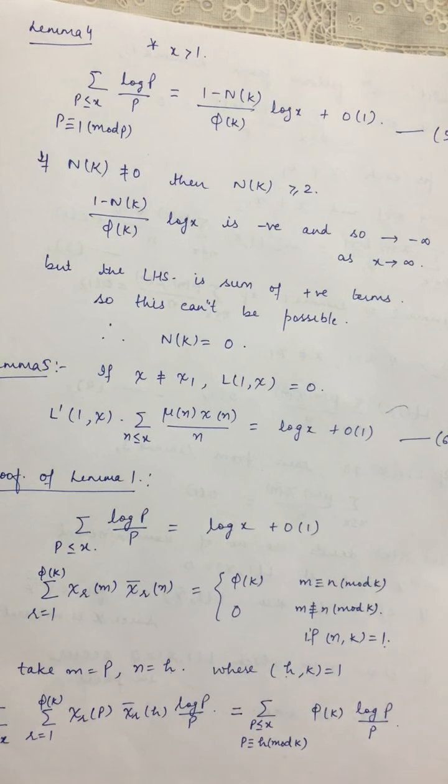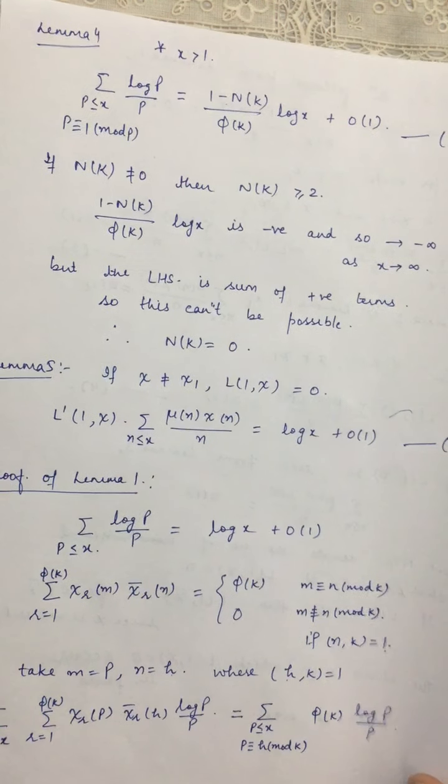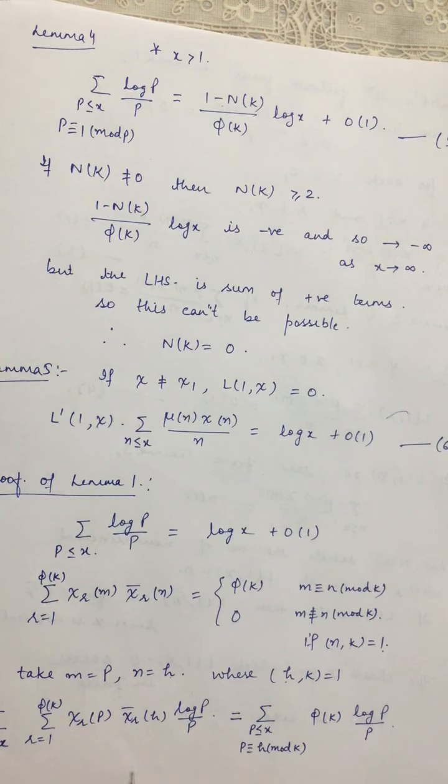Right? So now we reverse the sides of these two summations. We will write this sum equal to this, and in this summation, r varying from 1 to phi k, we will separate the principal character chi 1 and all other terms separately.